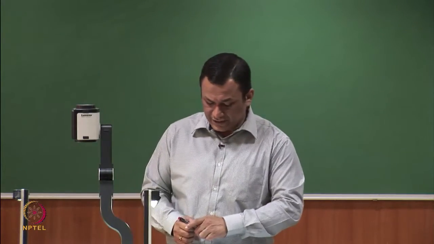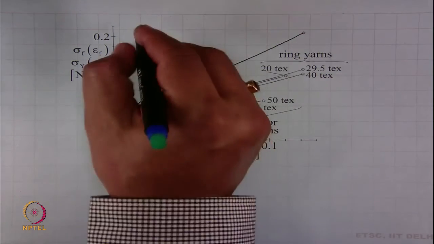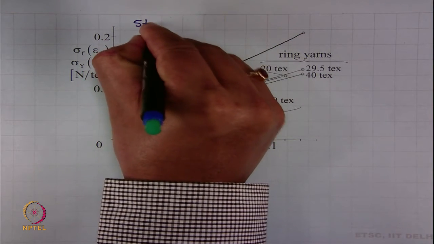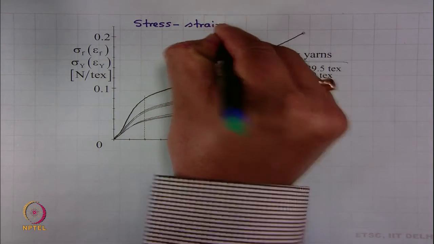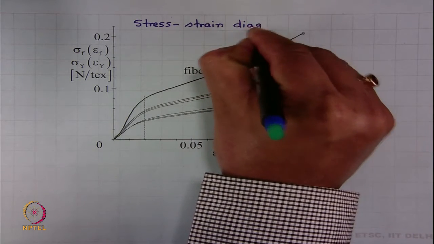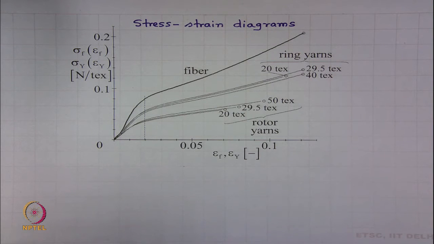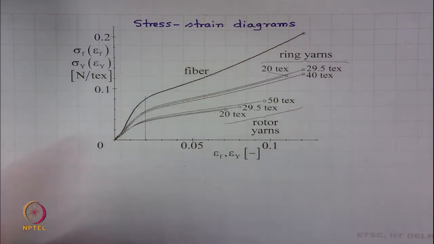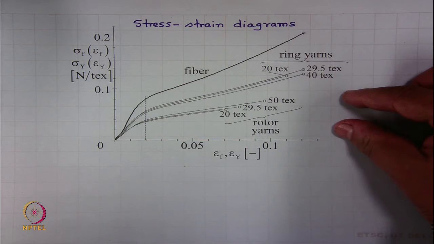So, this is the experimental stress strain diagram of fibers and yarns. The top curve is for fiber, then at the bottom there are 6 curves: the first 3 are for ring yarn and the bottom 3 are for rotor yarn.